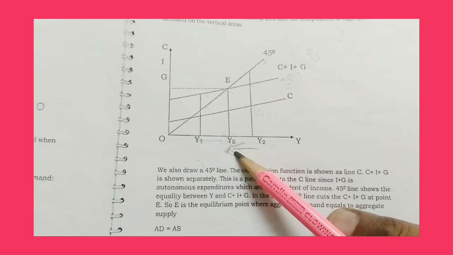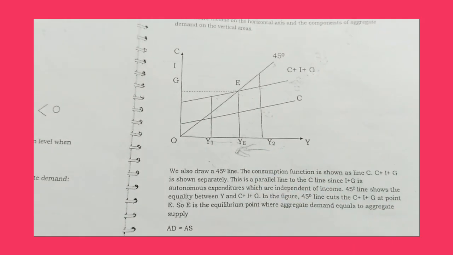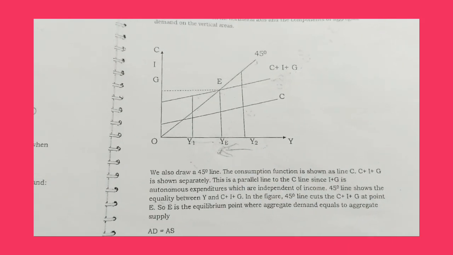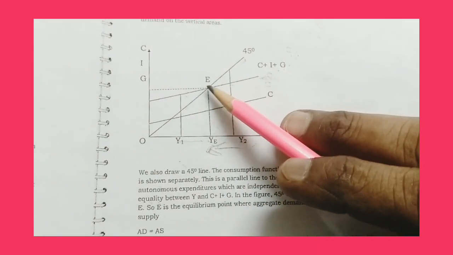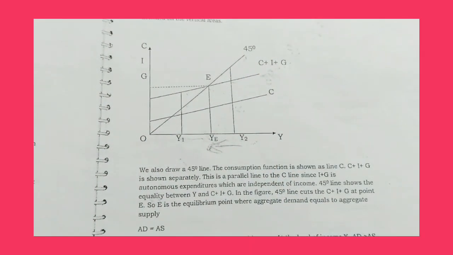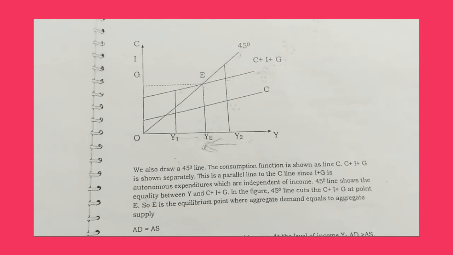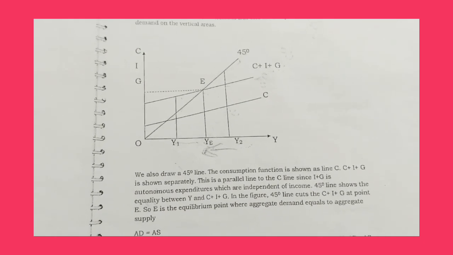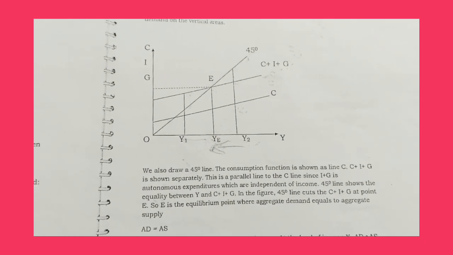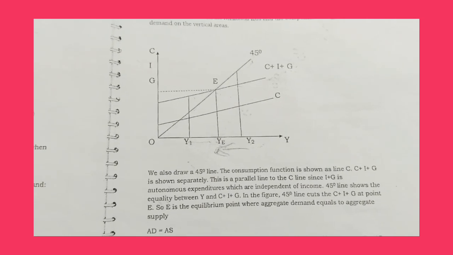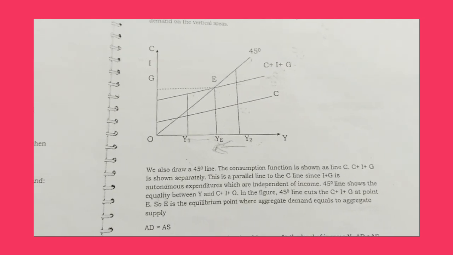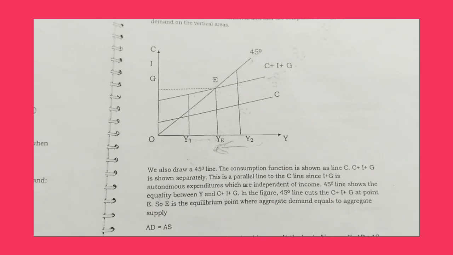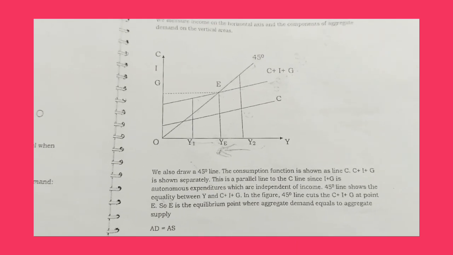So, the income will decrease. This process will also continue until Y, aggregate supply, equals aggregate demand. So, this is the equilibrium of income, the AD-AS approach.